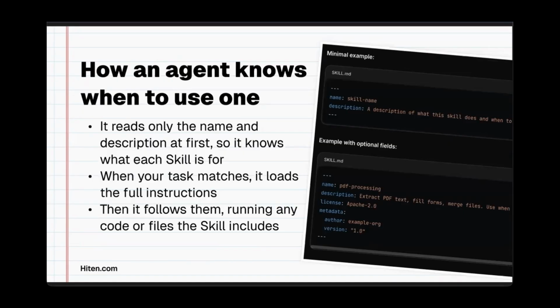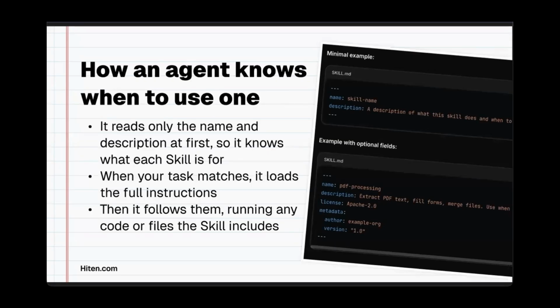This part is fun, and it's probably one of my favorite parts of skills. An agent knows how to use a skill because it reads the name and description at first. So it kind of knows, okay, this is what the skill's about. Then when your task matches, it loads the full instructions, tries to follow them, and tries to run any code or files that might be included with the skill.